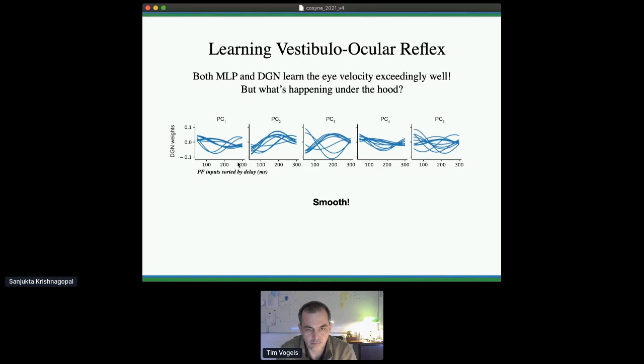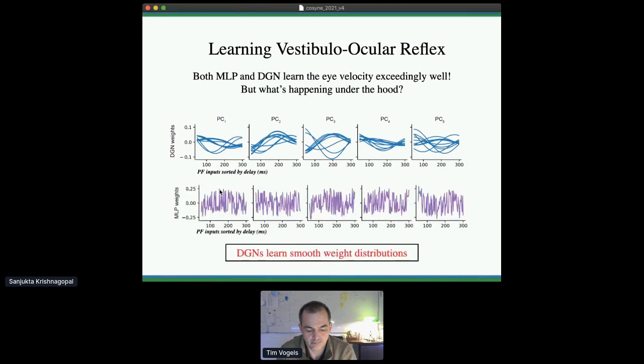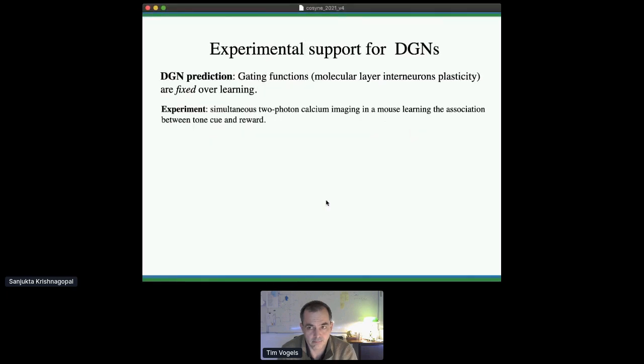So anyway, without getting too technical, you can see that these weights have a very clear pattern in delay. So the weights synapsing onto the Purkinje cells are smooth. Whereas if you do the same thing for the MLP, there's no such smoothness. And so the DGN learns a smooth, more biologically plausible solution.